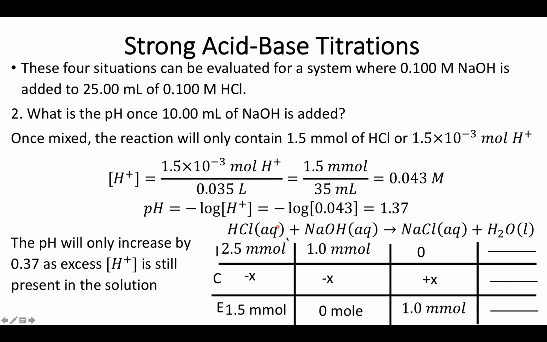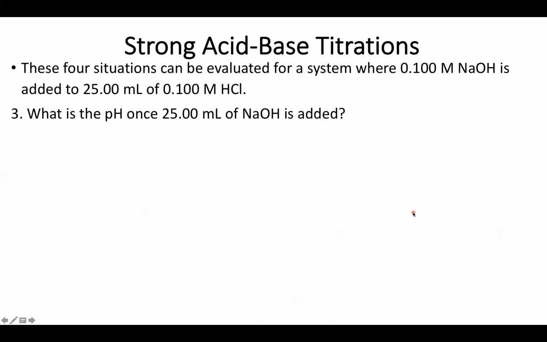So despite the fact we added a fair bit of sodium hydroxide, we only had a slight increase in the pH because we still have a strong acid present. As long as we have a strong acid present, we're going to have a fairly low pH. This is an important thing to keep in mind in titrations. The pH stays relatively fixed as long as you haven't changed the identity of the predominant component of the system.